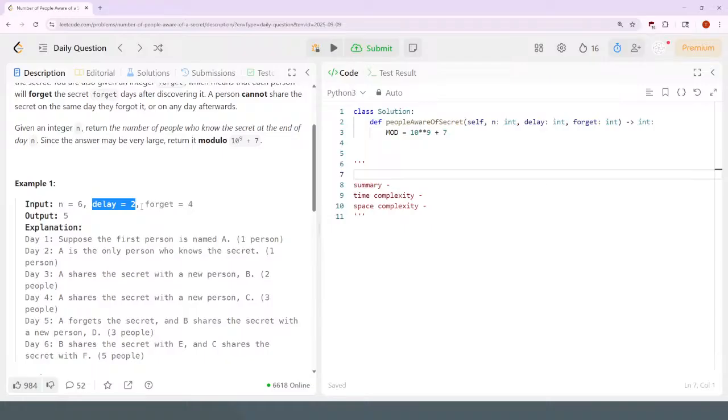They'll increase the number of people that know the secret by 1, the velocity, and then they'll decrease that velocity by 1 when they forget on the forget day, and also they'll decrease the count of the people that know it by 1 on that forget day. I think maybe that might work.